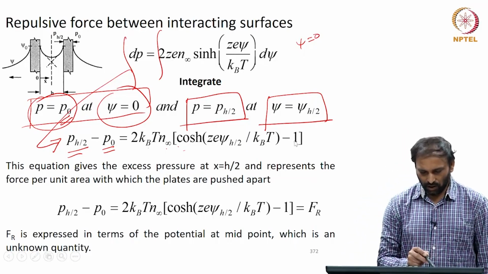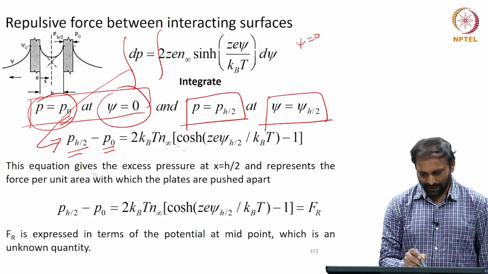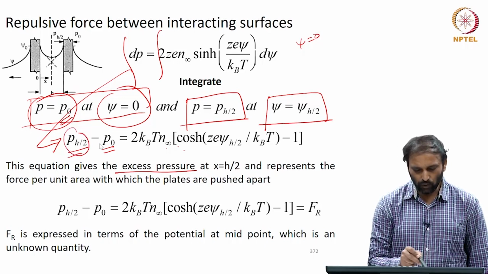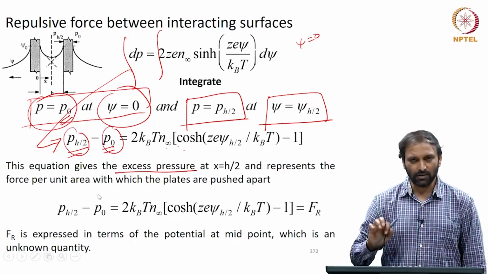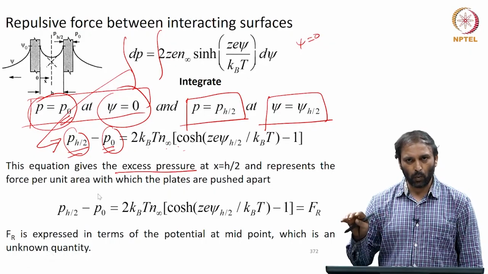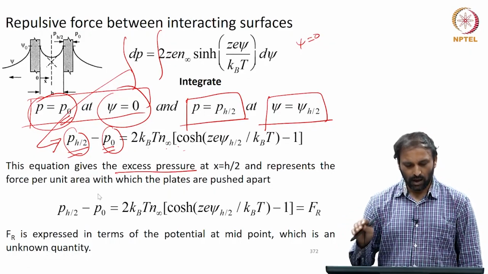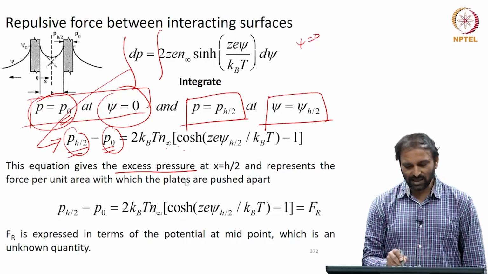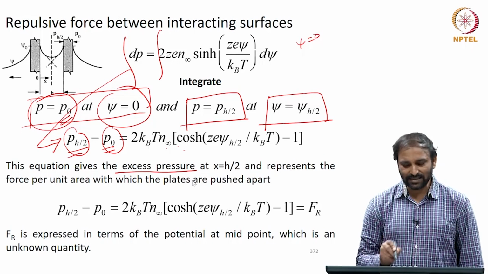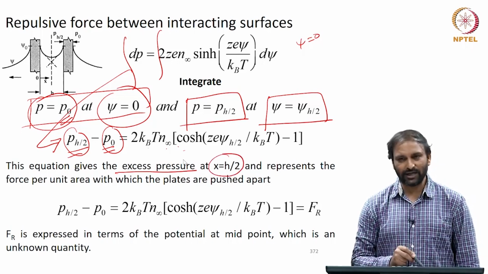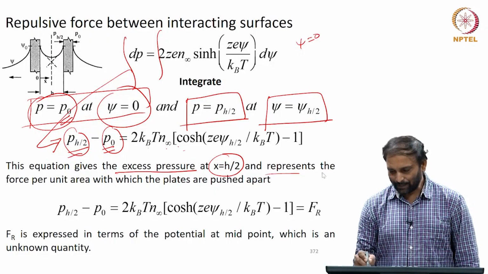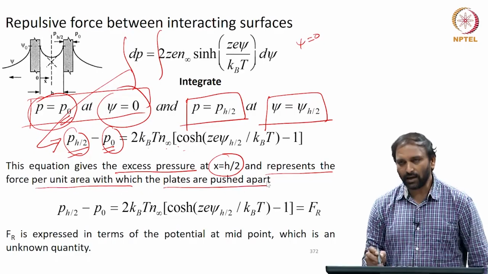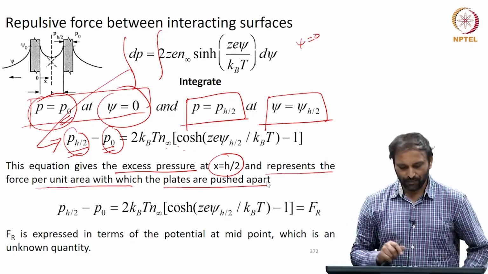Okay. So, this expression essentially gives the excess pressure, that is P h by 2 minus P naught. P naught is the osmotic pressure where psi is 0, and the difference between P at h by 2 minus P naught essentially gives you the excess pressure at x is equal to h by 2, and it represents the force per unit area with which the plates are pushed apart because of the overlap.